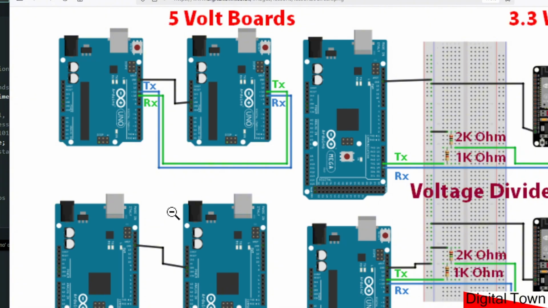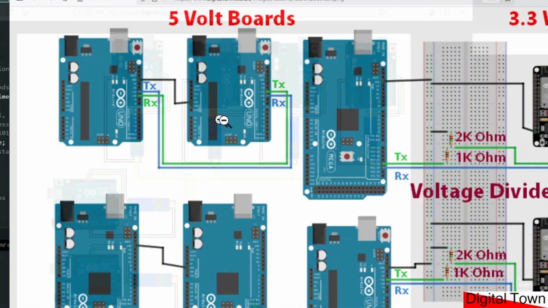I've done some experiments just to test it, and it does not work. So realistically, with this system, we can either send out to numerous boards, or we can send and receive between two boards, but that's all we can do with conventional serial communication.